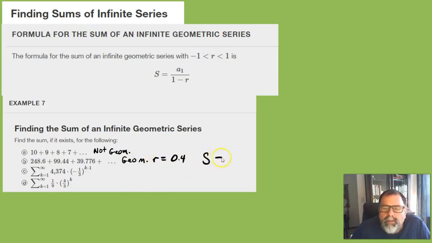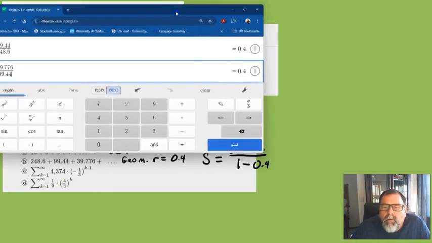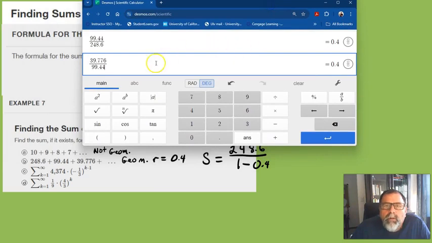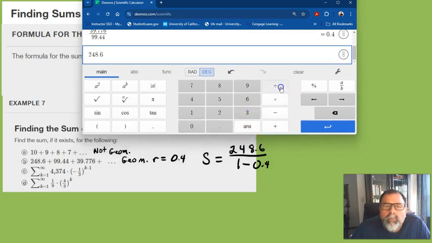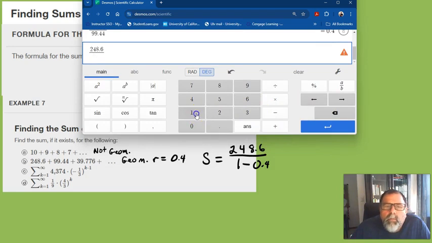So our infinite series sum is going to be the first term divided by 1 minus r, which we just established as 0.4. Let me get that calculator back. We're going to do 248.6 divided by 1 minus 0.4.